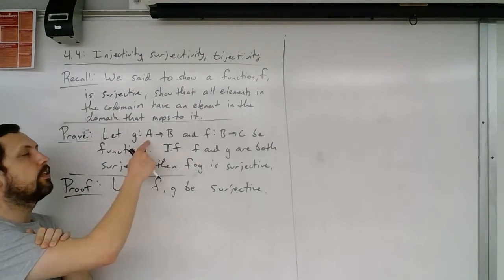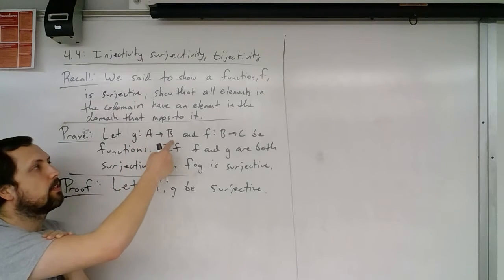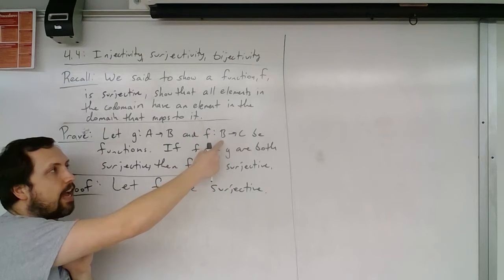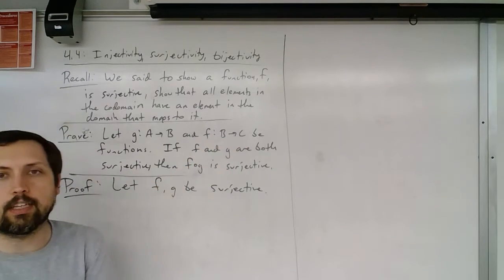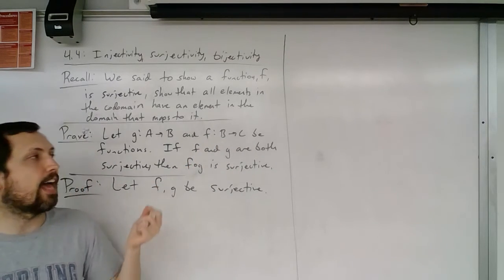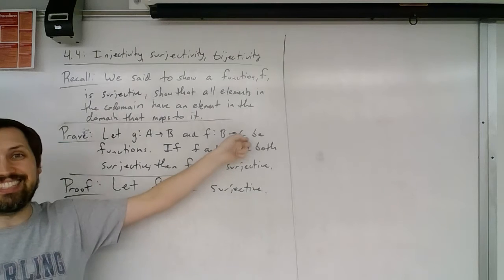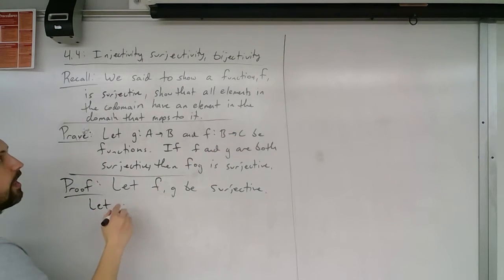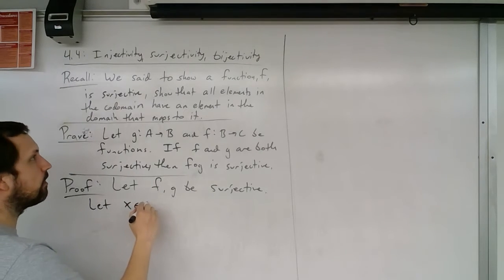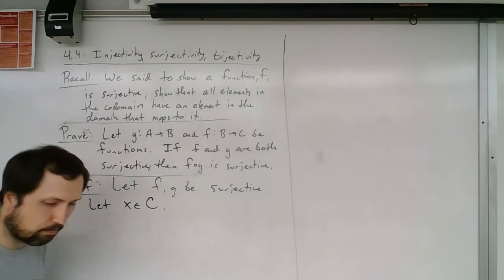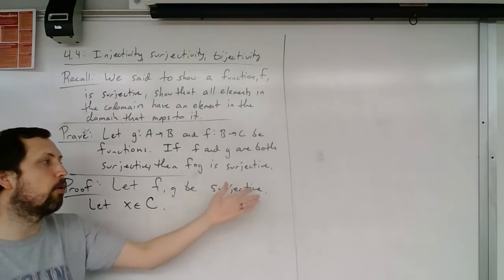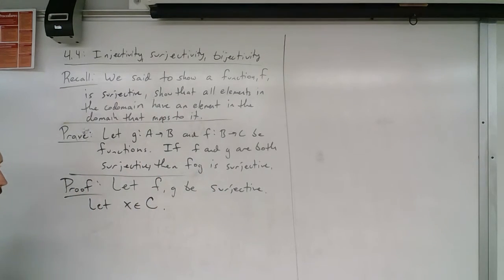So we're going to take something here, plug it into G, we get something into B. Then that goes into F. F takes that from B and spits out something from C. So the composition has the codomain being C in this case. So let, say, X be an element of C. So I pick any arbitrary element in my codomain of the composition of functions.